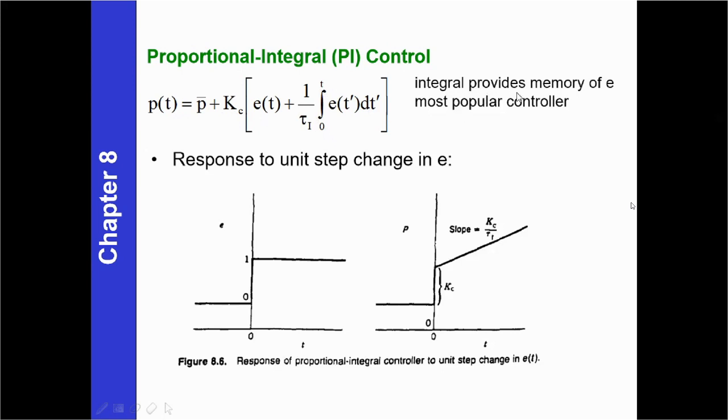In this case, the integral provides memory of the error, and normally in control systems this is one of the most popular controllers, proportional integral control together. If you respond to a unit step change in this example, then we have Kc, the constant gain here, and then the slope will give you the integral part, Kc over τI. So this is the response of the proportional integral controller to a unit step change in e(t).